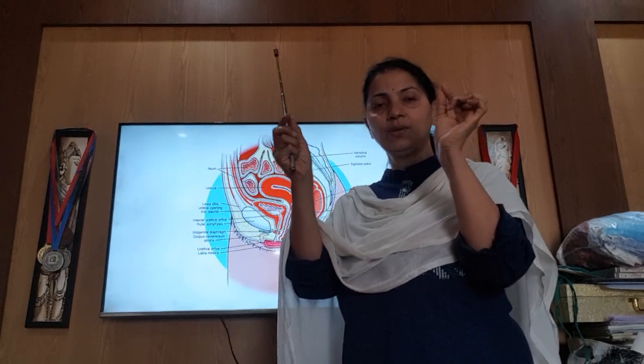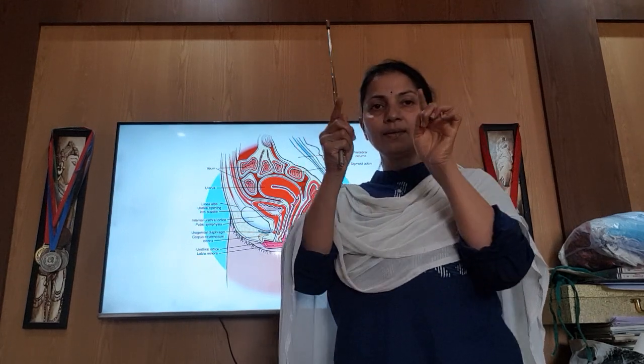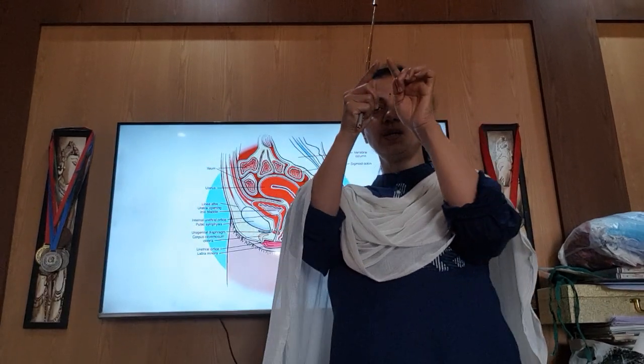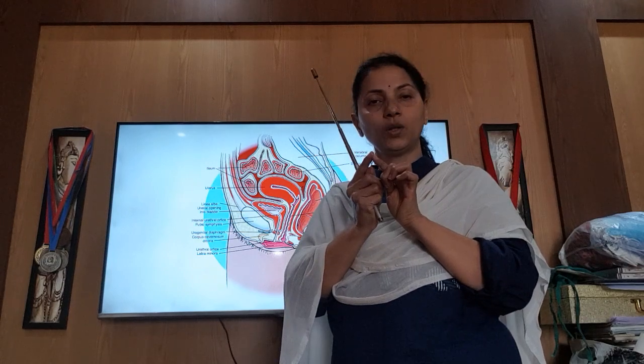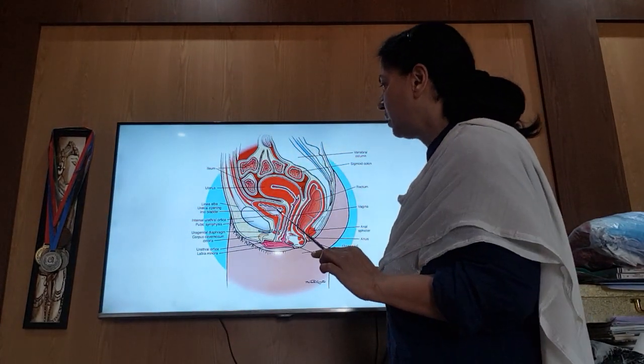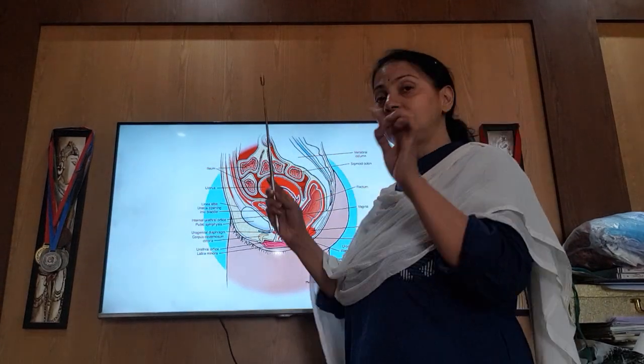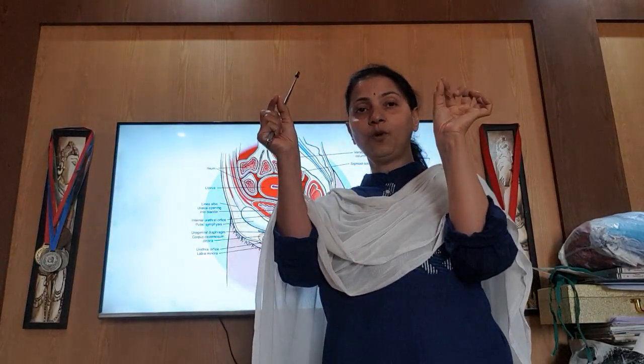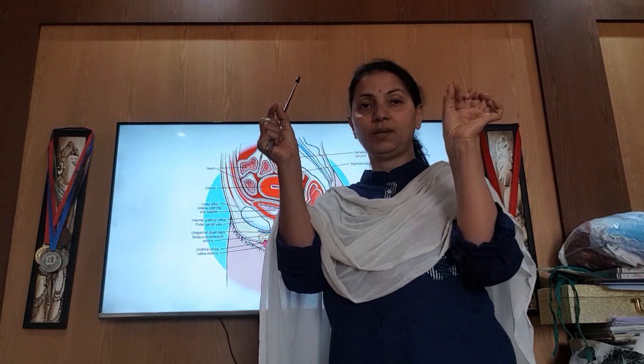Both will have the opening of the ureters, the right ureter and the left ureter. So together, this smooth triangular area is called the trigone, where the apex has the urethral opening and the base has the two ureteric openings of the ureters coming from the right and left kidney.